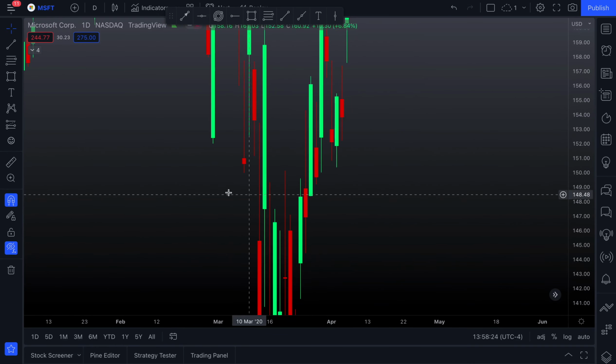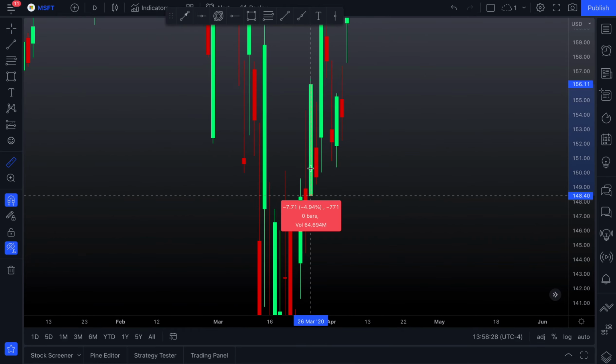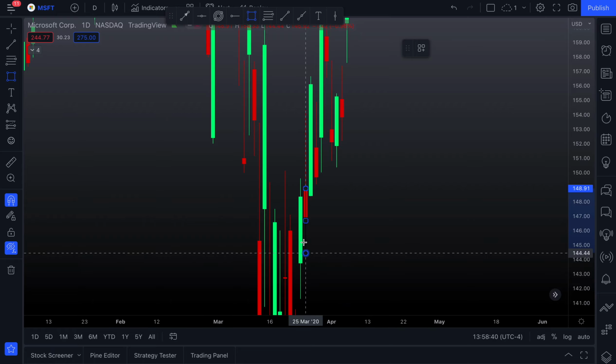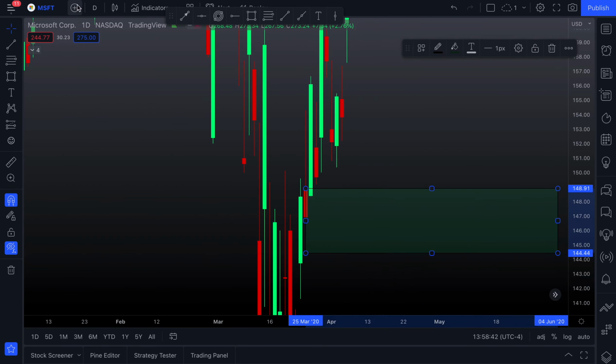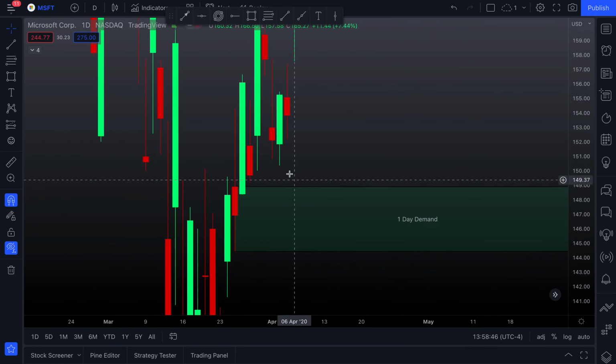Here we go. This one does look 2 times bigger, so we only care about the bodies when we're doing this. This is 7.71, the size of this green body, and then negative 2 on this red body. So you go from the open to the low of the red basing candle, 1-day time frame. This becomes our 1-day demand.